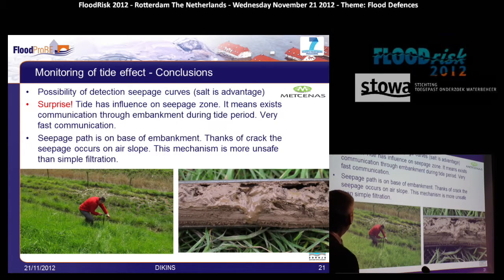It means that there exists communication during the tide changes, and our interpretation is that it is based on some system of cracks which this seepage transports or moves onto the air slope.